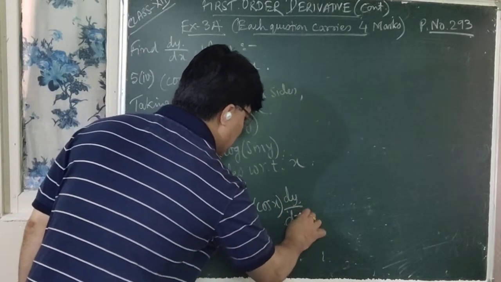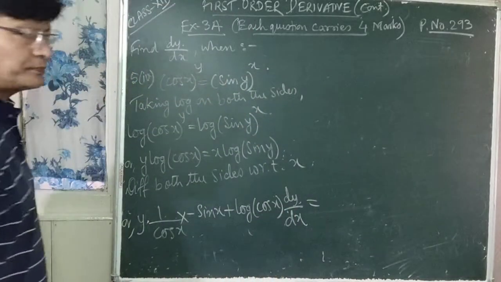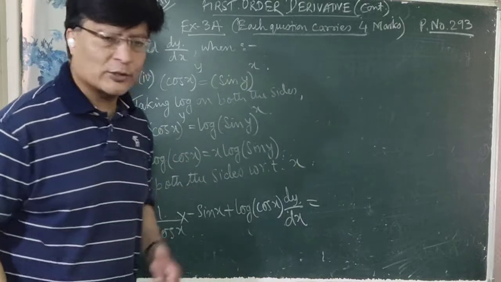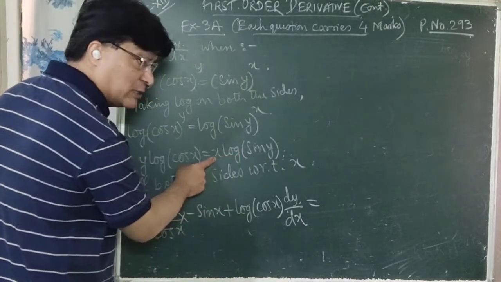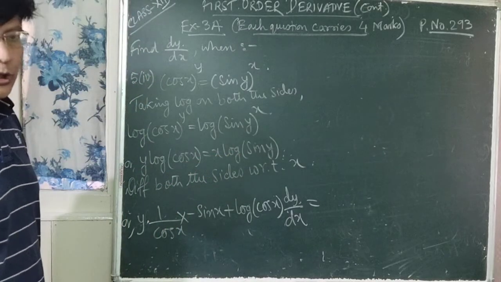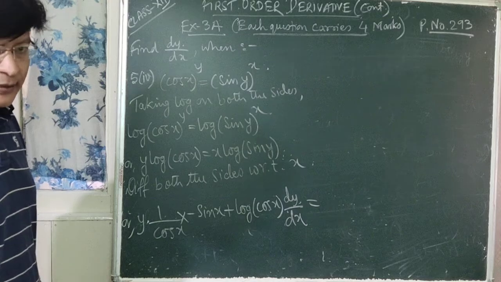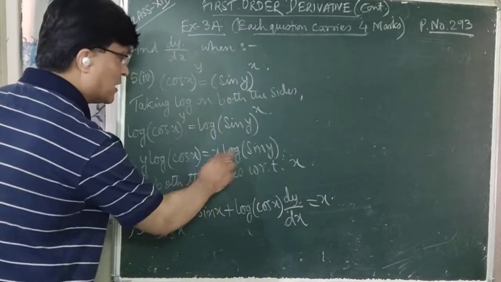Now you have to differentiate this function y with respect to x, that is dy by dx, right? Now on the right hand side also there is a product of two functions, x into log of sin y. x is u, log of sin y is v. So here also you can use the uv rule for differentiating, right? So x is kept as it is. Now differentiate log of sin y.